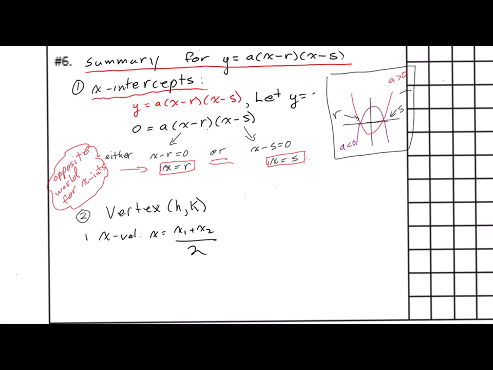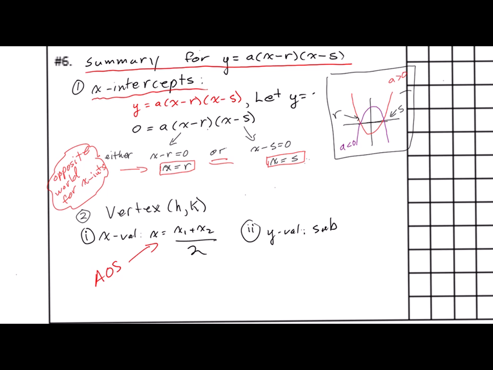We say x is equal to x1 plus x2, or r plus s, doesn't matter. All you need to know is that you take your two intercepts, add them, and divide by 2. You get a number. Then, in order to find your y value, you sub what you got for your x value into the original equation.